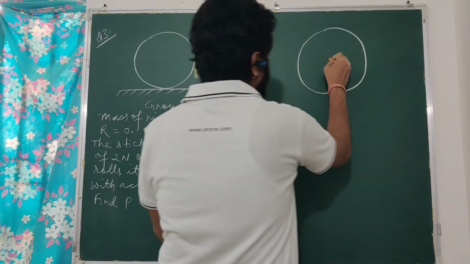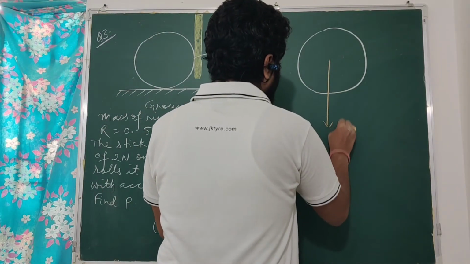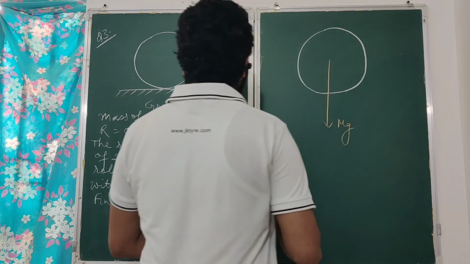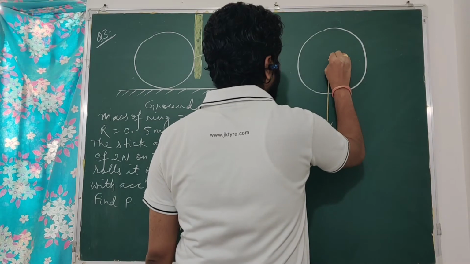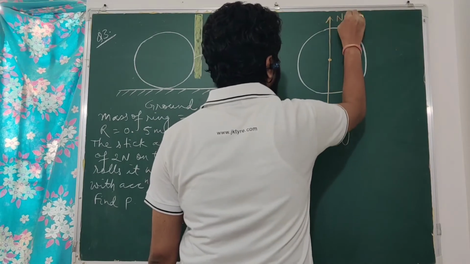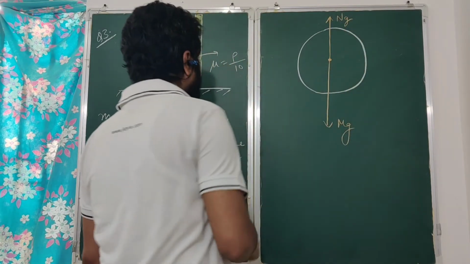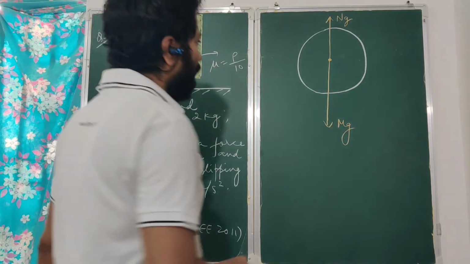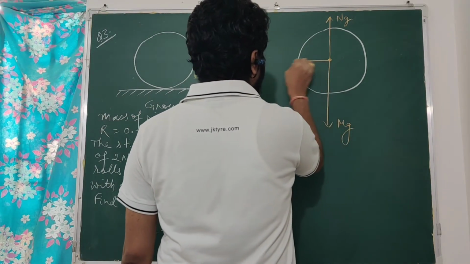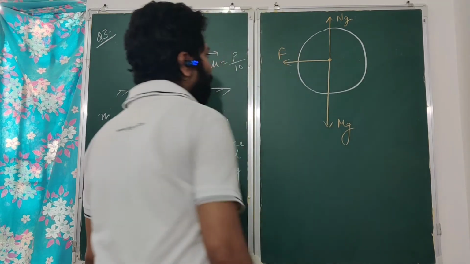So its weight will act vertically downwards, mg. Then there will be one normal reaction from the ground. There is one force which is being applied by a stick on this. What is that force? That force will act in this direction, F.